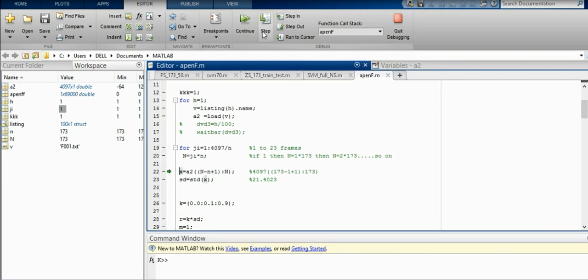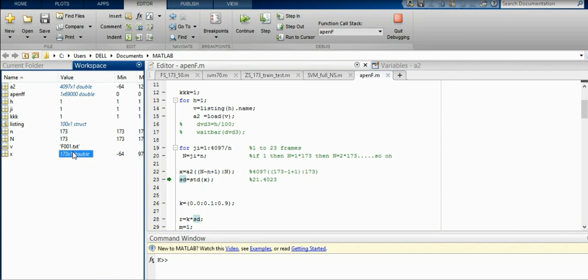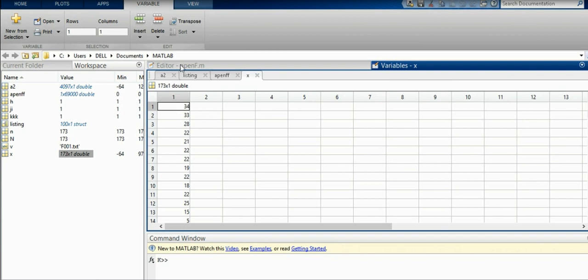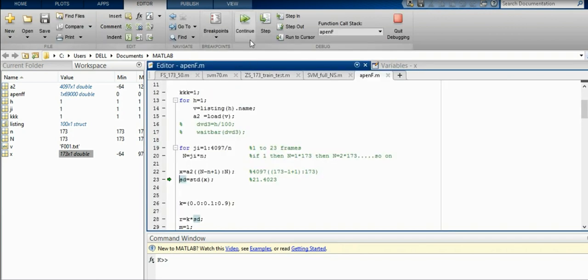Then x is equal to, we can get from the 4097 samples the 173 samples we require, and then take the standard deviation of all file sets, so we get one value. By using the standard deviation we can get the one value.